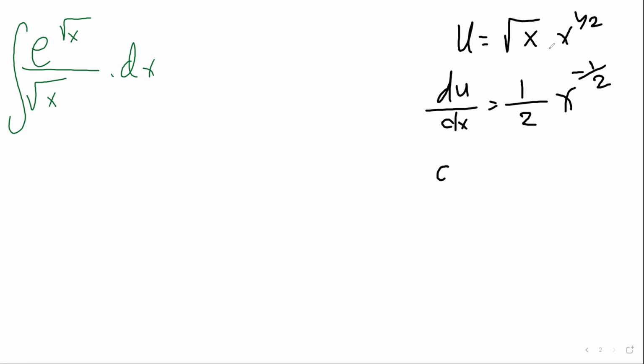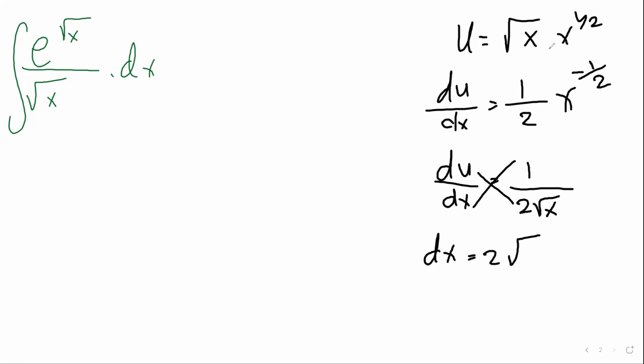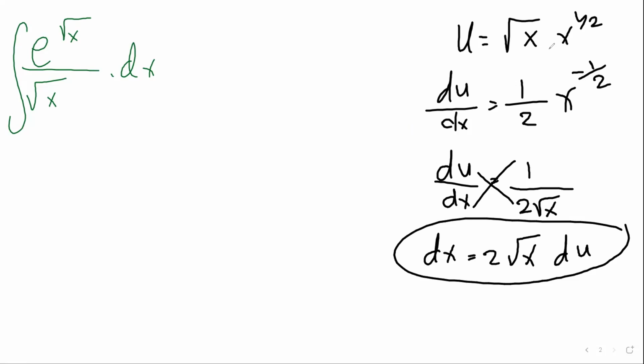So du over dx is 1 over 2 square root of x. Cross product, so dx will be 2 square root of x du. So after the two things you have to do here, assume u and find dx. Then let's come back here.